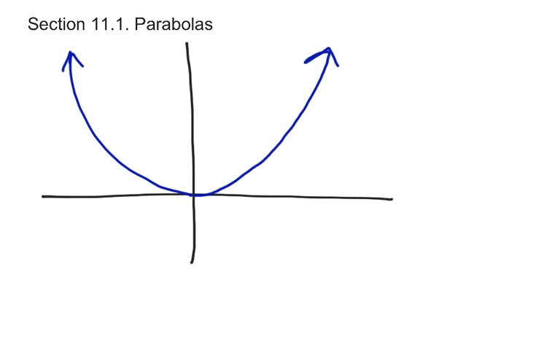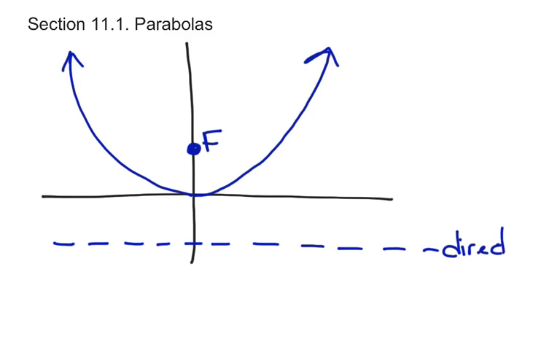So what happened was we did a little project where we put some point somewhere on a piece of patty paper and then we drew a line somewhere. We took our patty paper and we folded it so that the focus point lay on top of the line, the directrix.